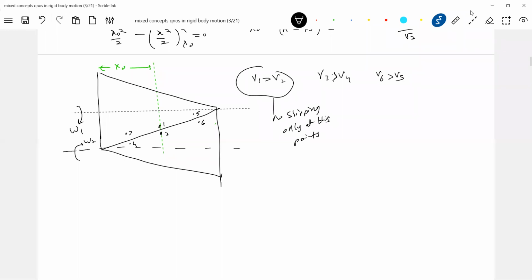So continuously there will be torque acting on this. Once again, I'm stressing it. This will be tau dash, tau double dash. And what about this particular point? V6 will be more, so tau dash like this. And what about this one? It should be opposite to that.